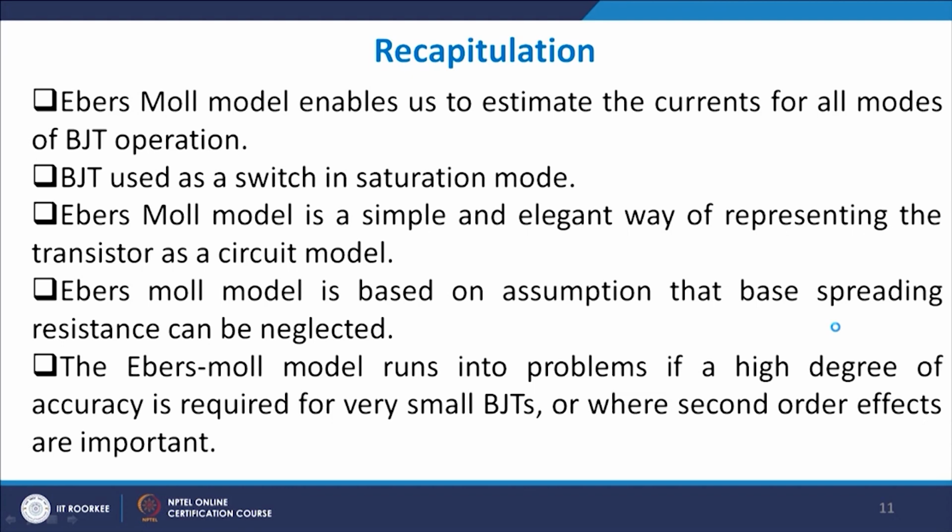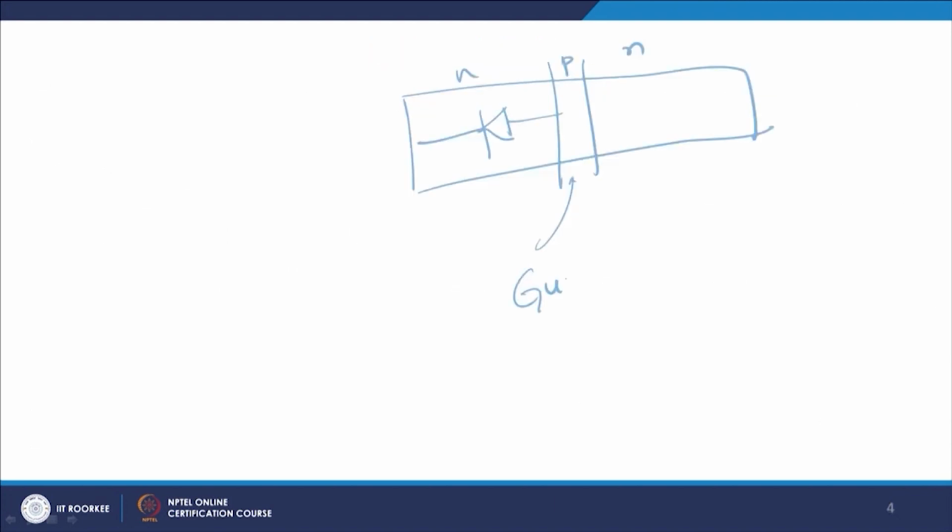When we reverse bias the collector base junction, the effective base width was reducing, and as a result there were certain issues which were not addressed by the Ebers-Moll model. Therefore, all your second order effects emanating from the Ebers-Moll model need to be questioned, and we need to look into those facts in a detailed fashion.